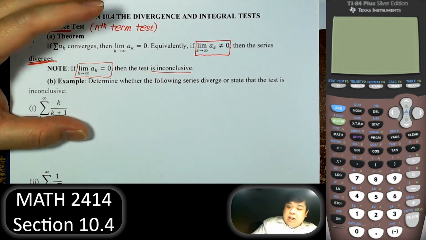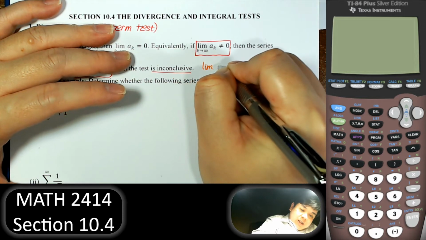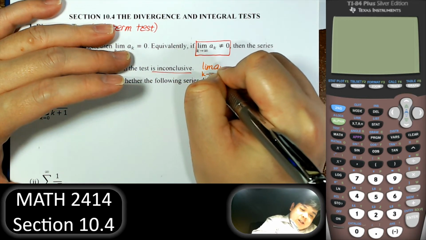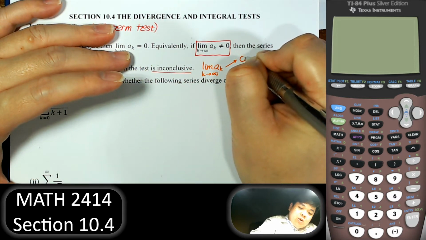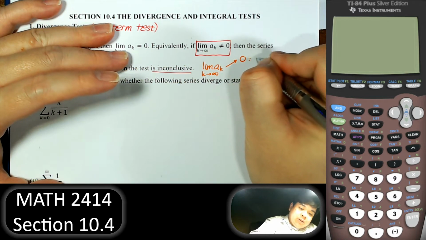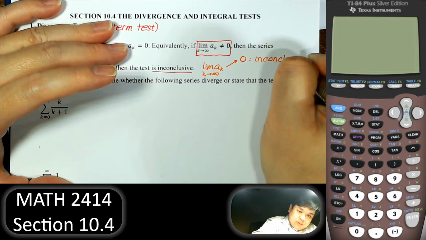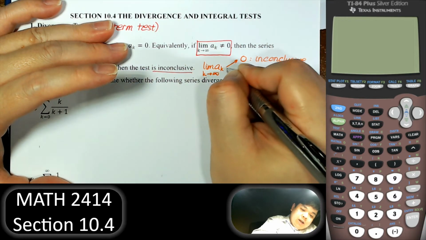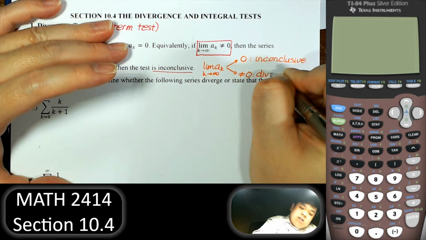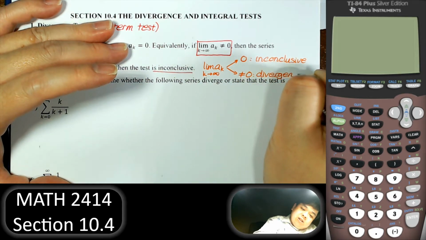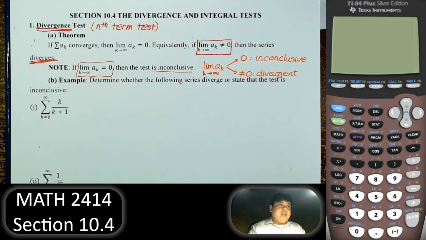In the test, we take the limit of the term as the index goes to infinity. If it equals 0, we cannot say anything, but if it is not equal to 0, we can say it diverges. So it only tests for divergence; otherwise it is inconclusive.